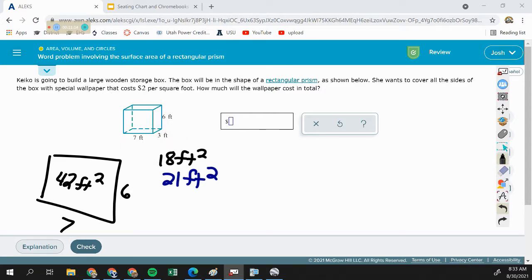There's 2 of each of those. This rectangle here is matched with this rectangle here. And this rectangle here is matched with that rectangle there. So I could double each of those and then add it all together. What if I added them all together to start with?